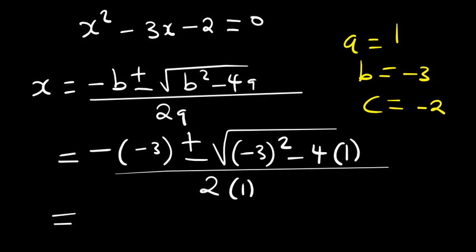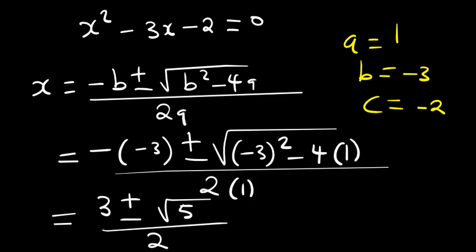Then we solve. The negative and the negative here will give me a positive 3. So I'm going to have 3 positive or minus the square root of, now negative 3 squared will give me a 9, minus 4 times 1 times negative 2, over 2.